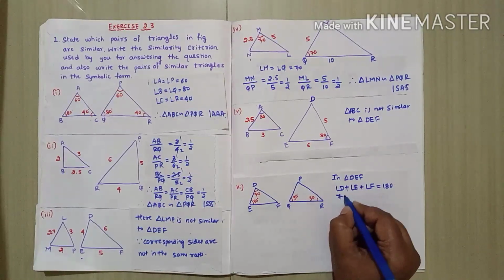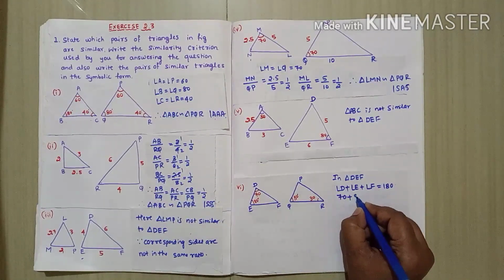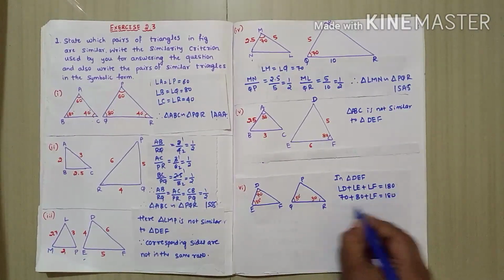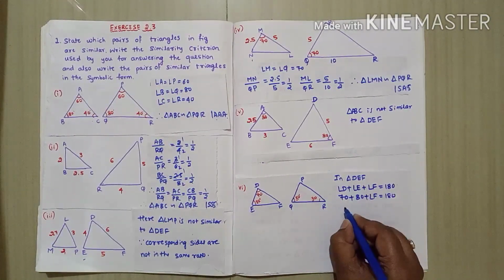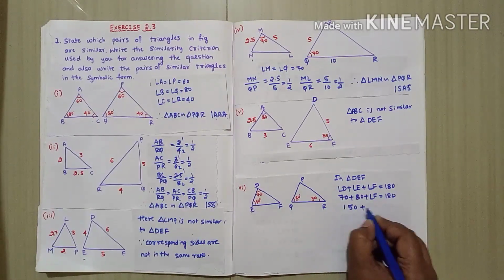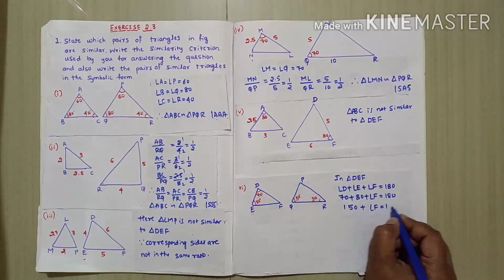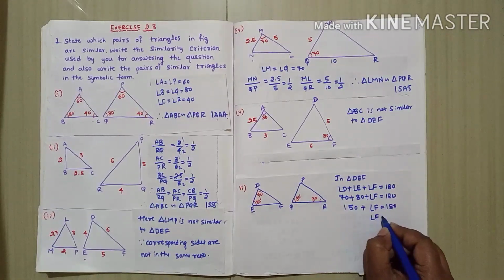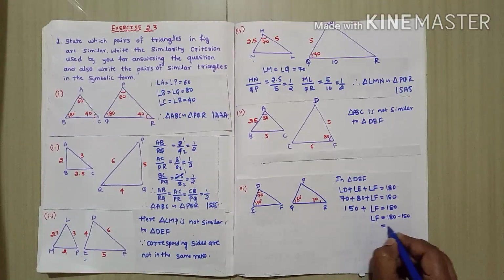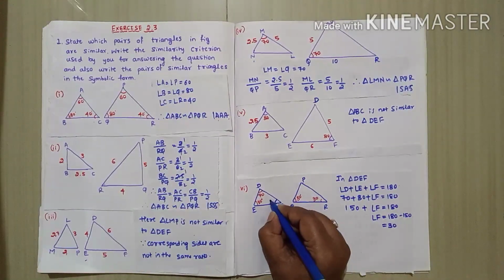Angle D is 70 plus angle E is 80, and angle F we have to find. 70 plus 80 is 150, plus angle F is equal to 180 degrees. So angle F is 180 minus 150, which is 30 degrees. We got the remaining angle as 30 degrees.